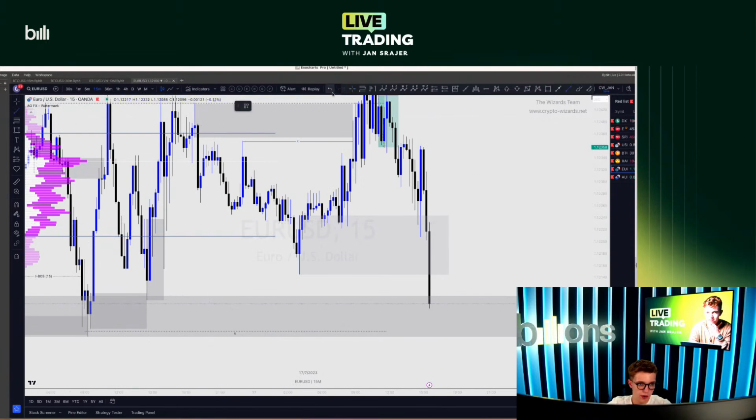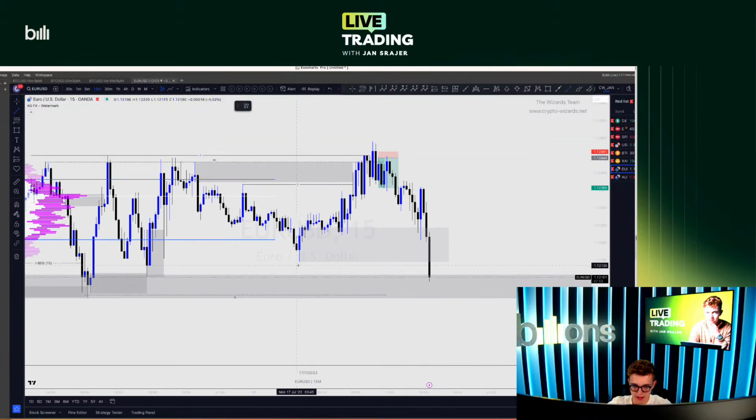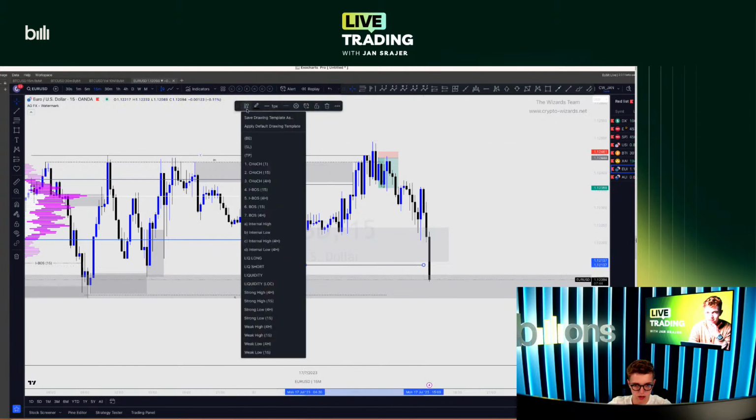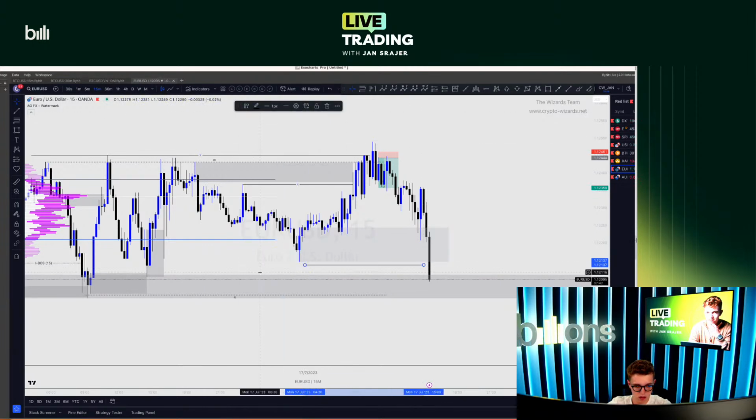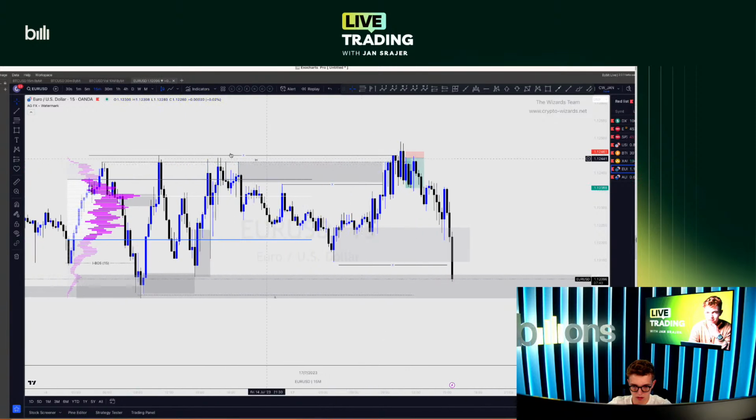So EU, how I view EU is that we've got plenty of liquidity below this low. So like this. There's a lot of liquidity here, which got swept also.